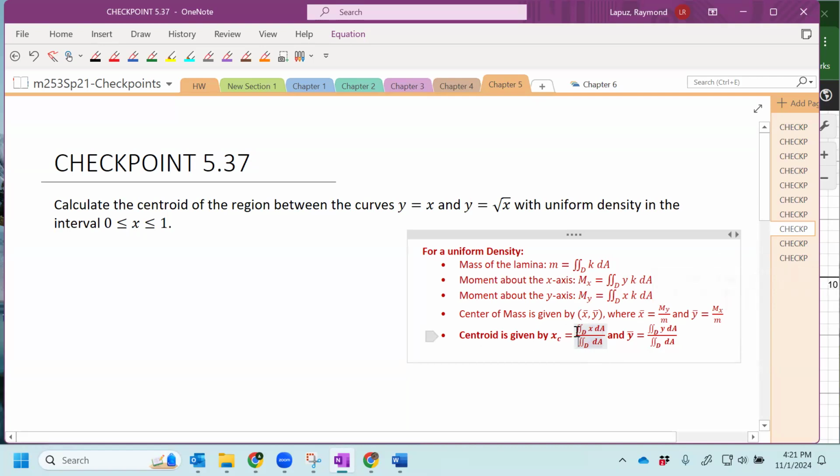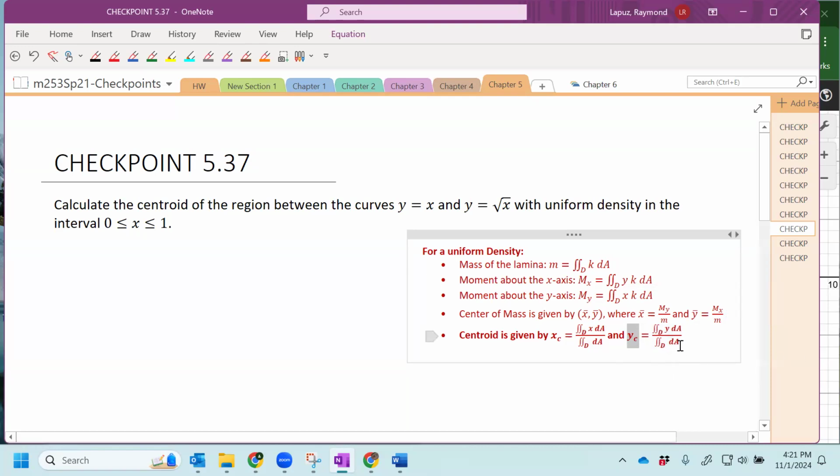So the centroid is given by the same formulas, except instead of calling it x bar and y bar, you can call it x sub c and y sub c, because it has constant density.